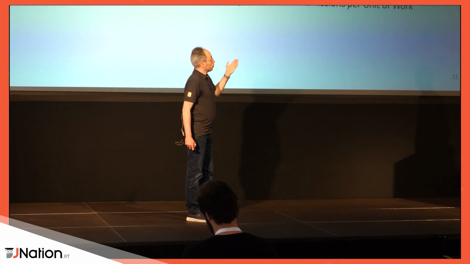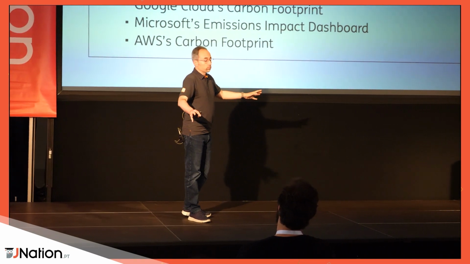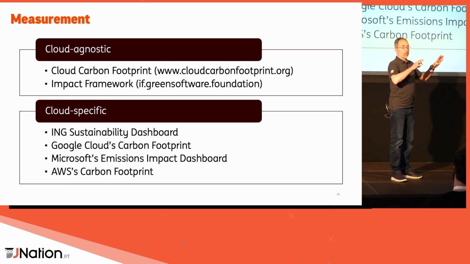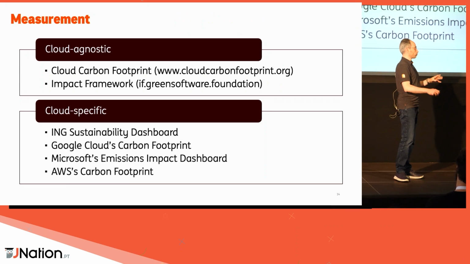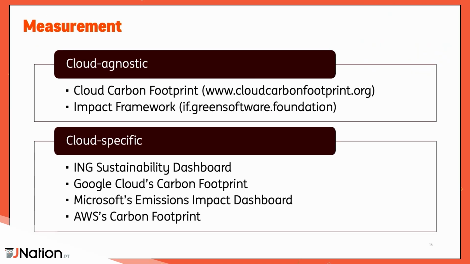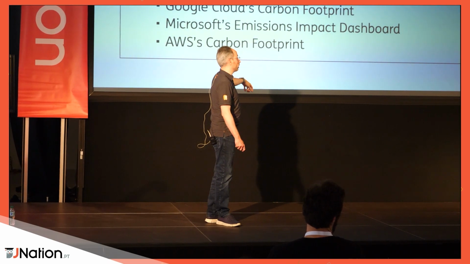Now, you don't need to do these calculations by hand. There are quite a few dashboards, quite a few ways of measuring out there. Some of them are available in the public cloud. Others, well, we at ING in our own internal private cloud have something we call the ING Sustainability Dashboard, which is used exactly to do this. Those are cloud-specific solutions, also with Google, Microsoft, and AWS.